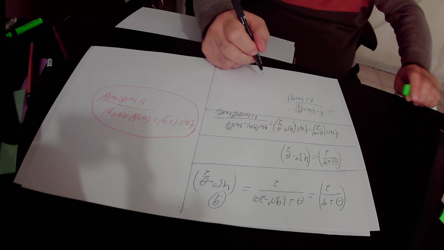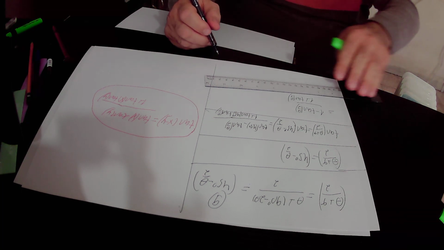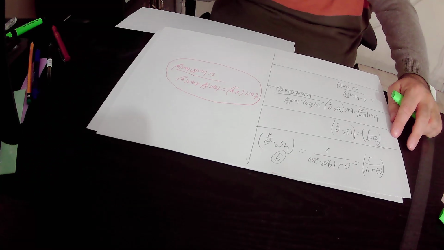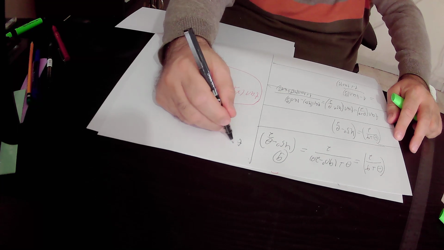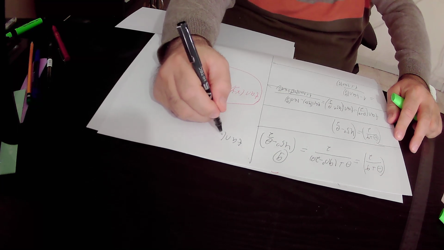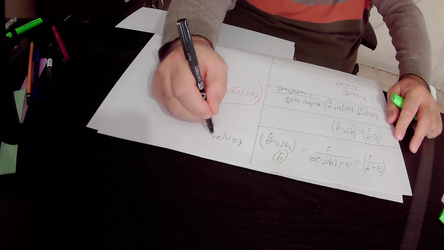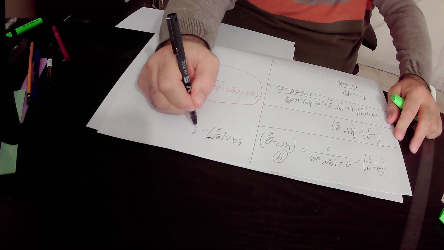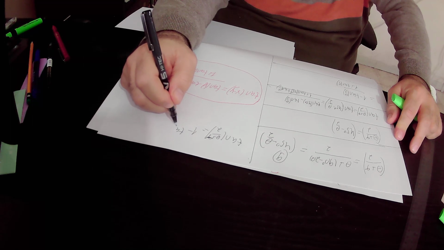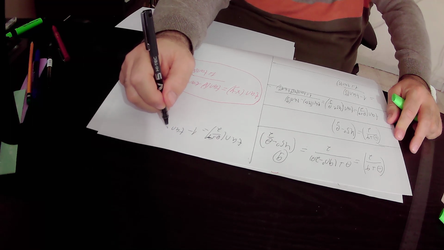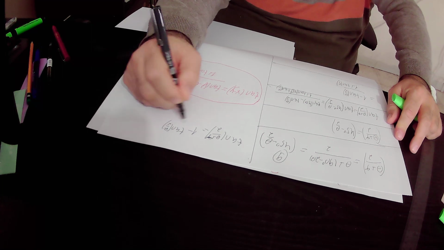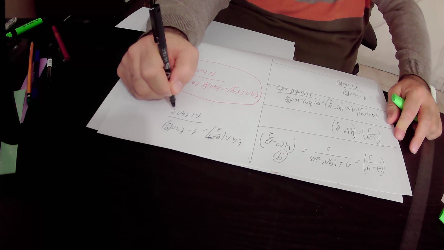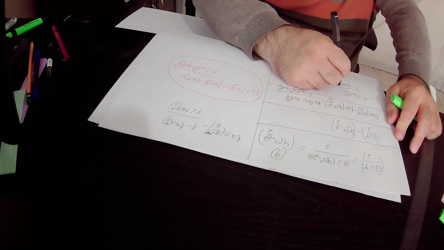So in conclusion, we actually found out that tangent of (theta plus alpha) over 2 is equal to 1 minus tangent theta over 2, over 1 plus tangent theta over 2. Okay?